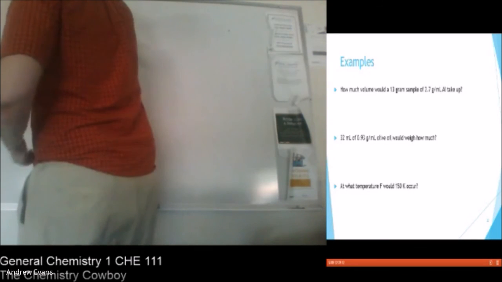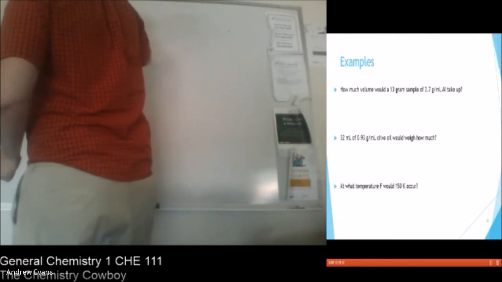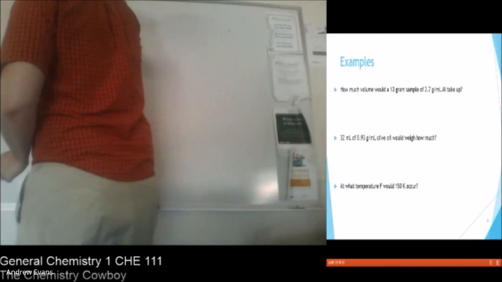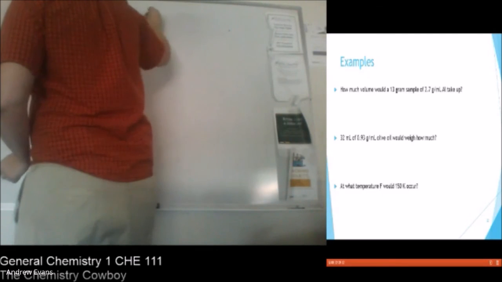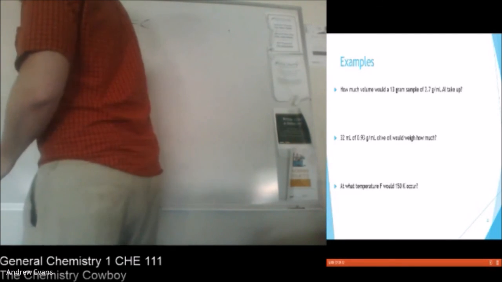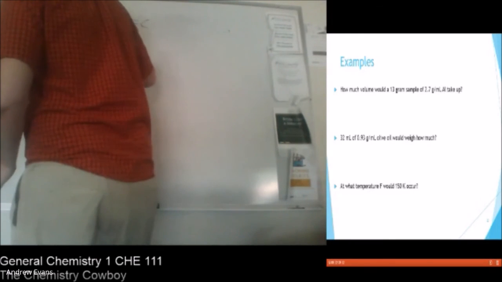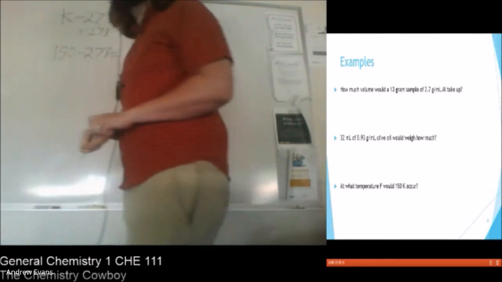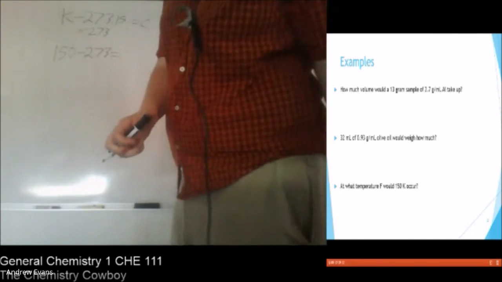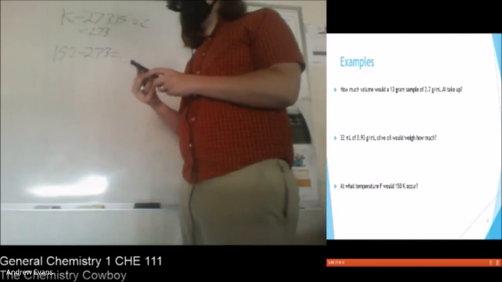Kelvin minus 273.15, which most of the time we're just going to say approximately 273 equals Celsius. So 150 minus 273 equals, you can do that. Now it'll give us Celsius, our first starting point.